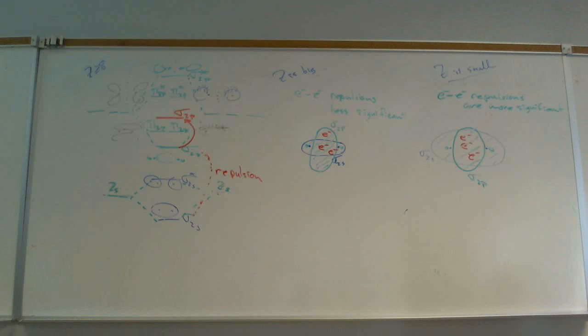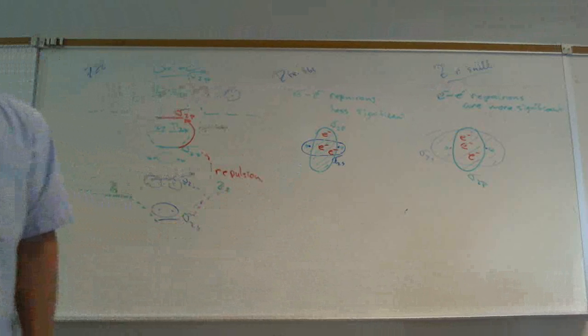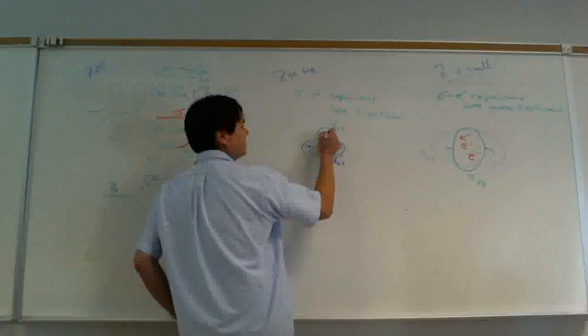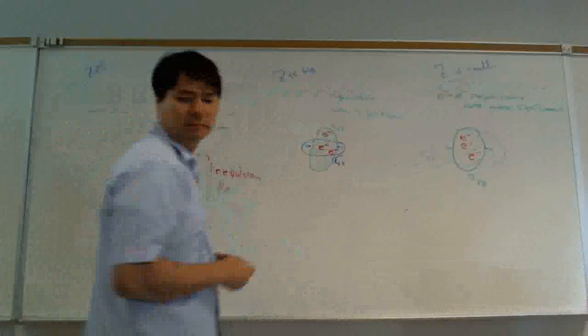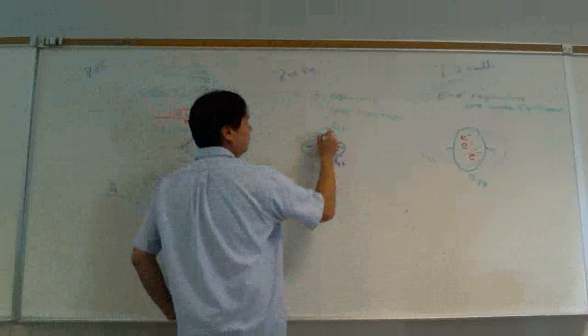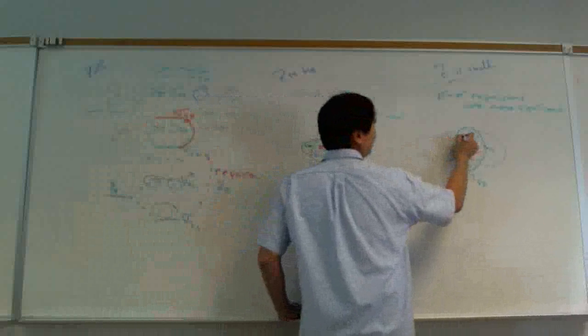Looking at these two figures here, which one do you think is going to have greater repulsion? Actually, let's make it green. We have this green electron here, and the green electron here.